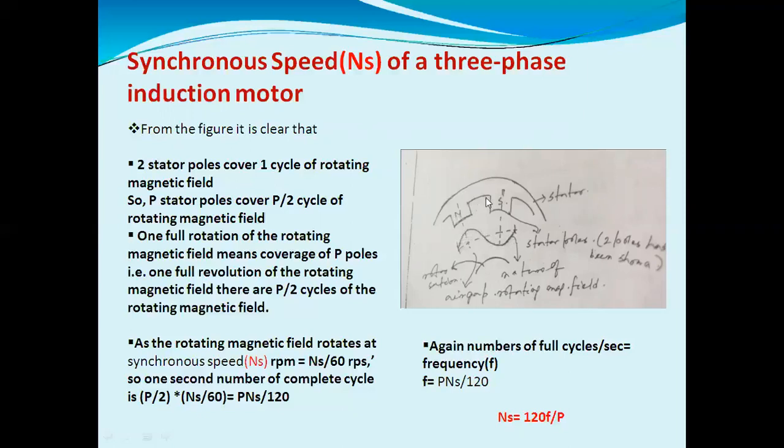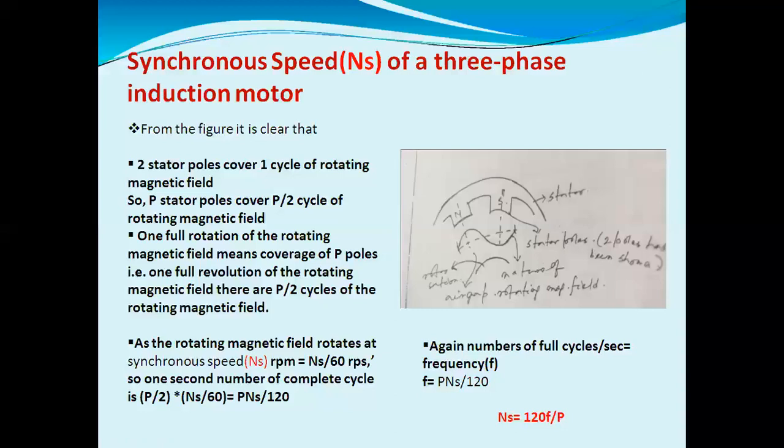So if there are p poles in the stator, they will cover p by 2 cycles of the rotating magnetic field.